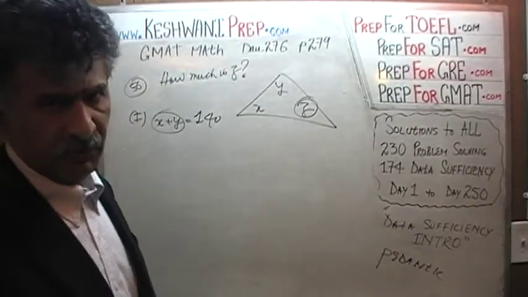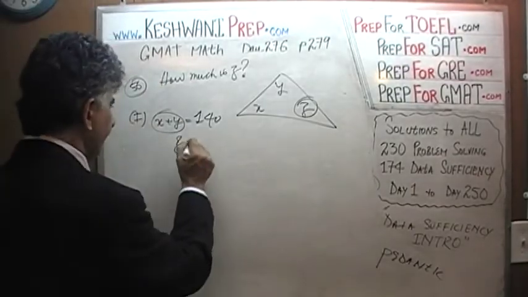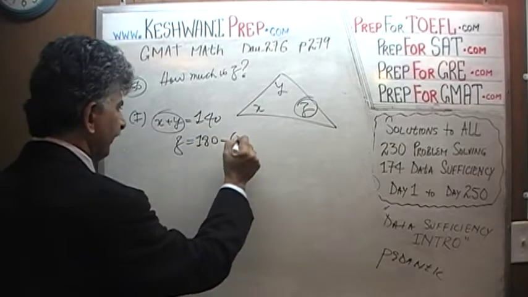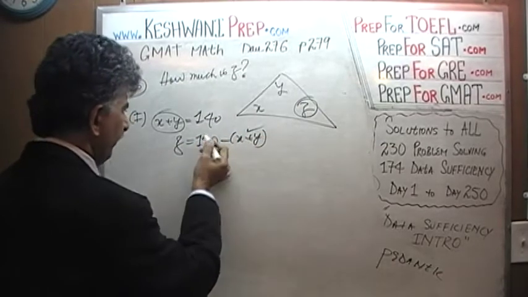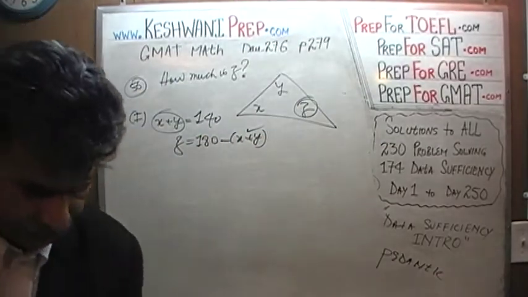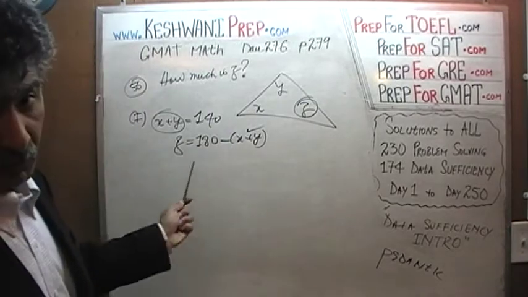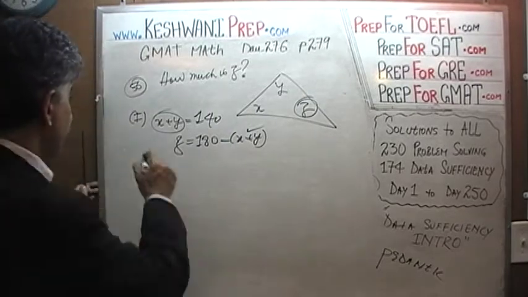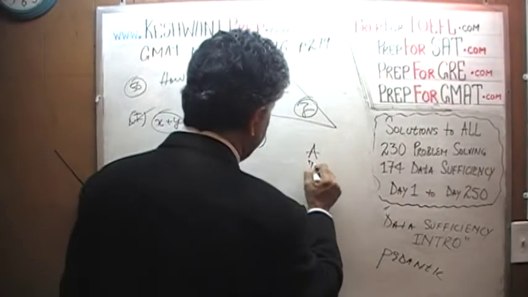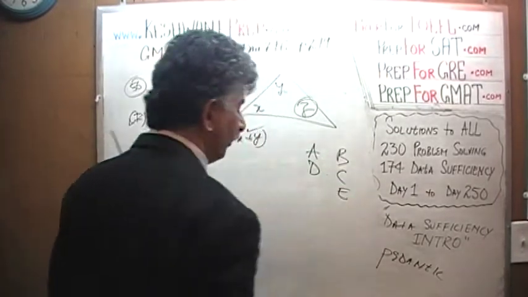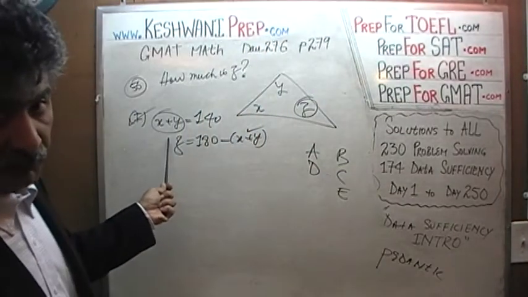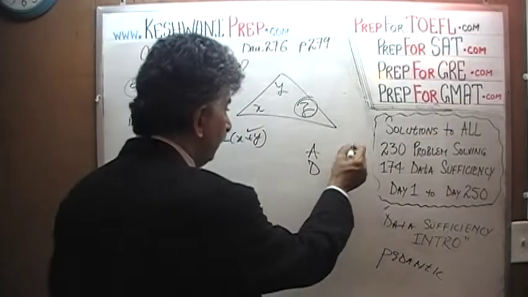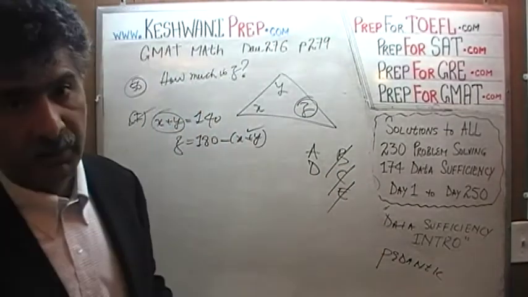The answer of course is yes. z is simply 180 minus x plus y. And if we know x plus y, we can figure out z. In this case, it's 180 minus 139. The first statement does the job quite nicely. AD, BCE. Because the first statement by itself is sufficient, the answer cannot be B, C or E. It will have to be either A or D.